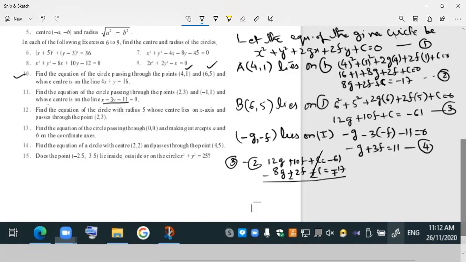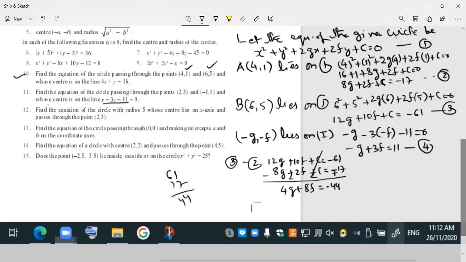So C will cancel. 12G minus 8G is 4G, and 10F minus 2F is 8F, equal to 61 minus 17, which is 44... negative 44.